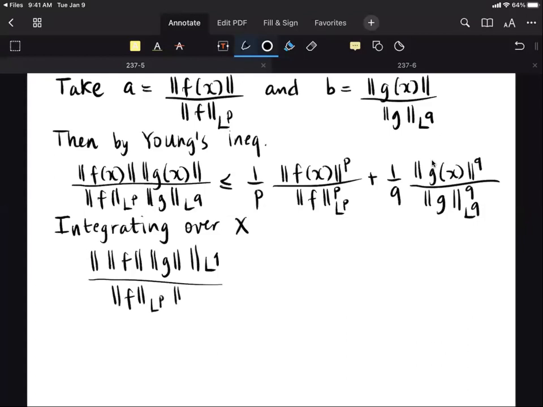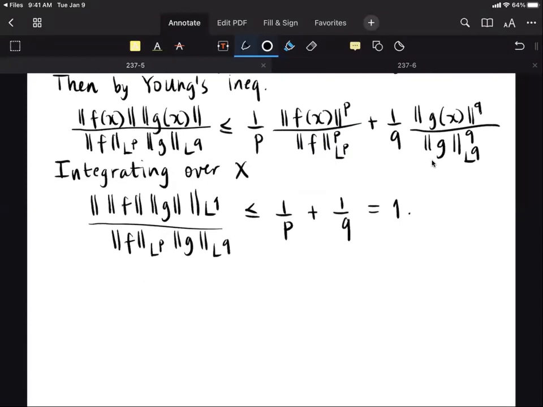Now, if you integrate this one, that would be precisely the norm of f in LP raised to p. So on the left-hand side, for the first term, you end up with 1 over p. And on the second term, similarly, if you integrate this, this would be the LQ norm of g raised to q. You can cancel these two, and you end up with 1 over q. This is equal to 1.